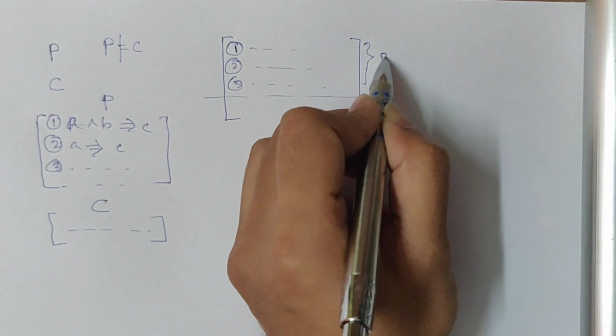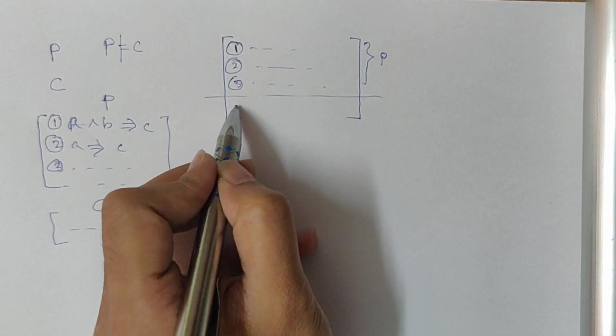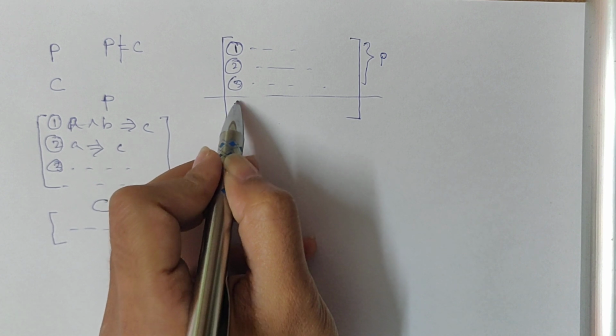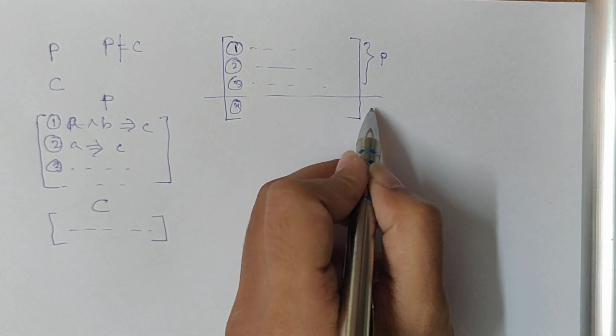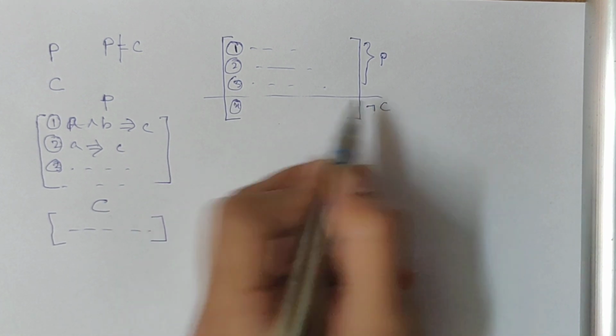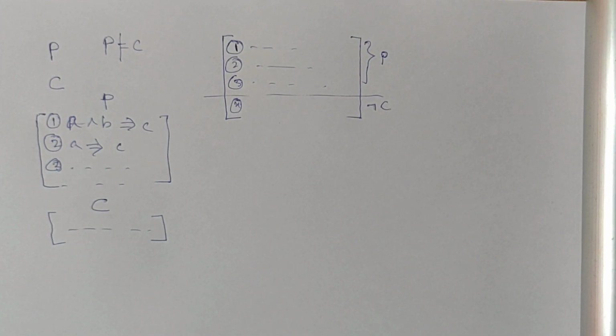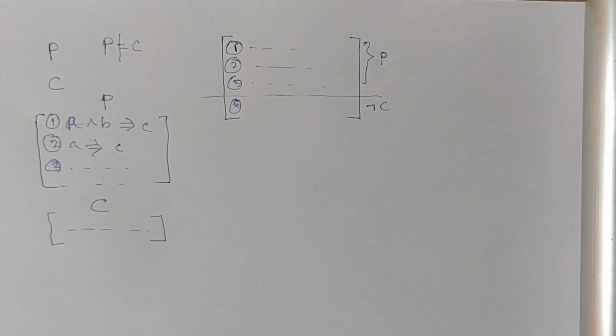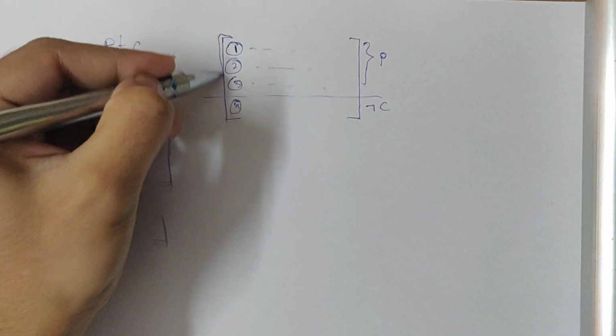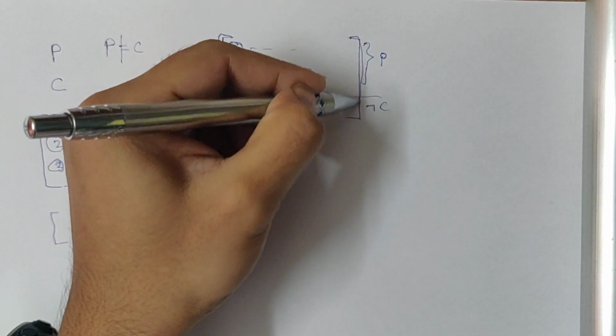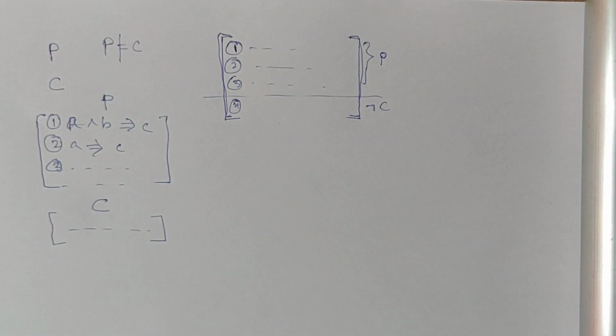These are the sentences from P, and I have added, say for the nth sentence, not C. I have created a new set of sentences. Is this set of sentences satisfiable?